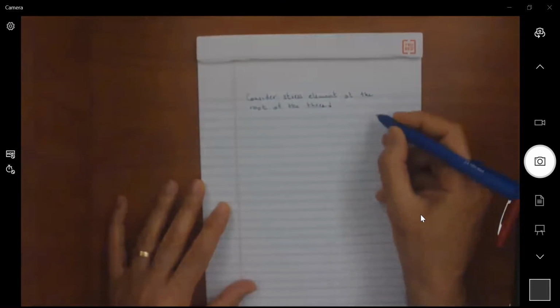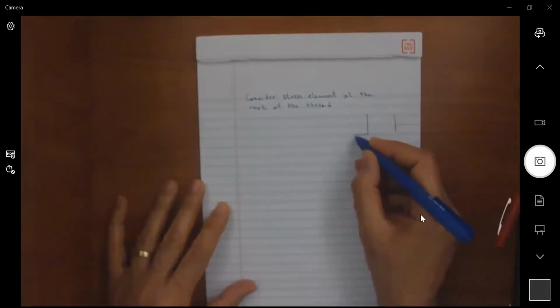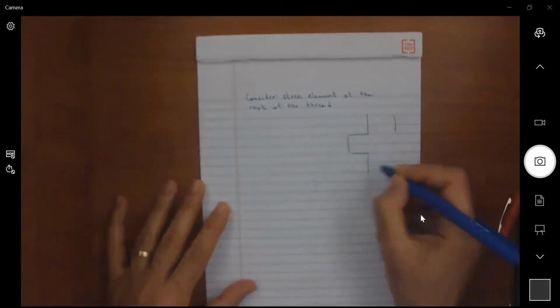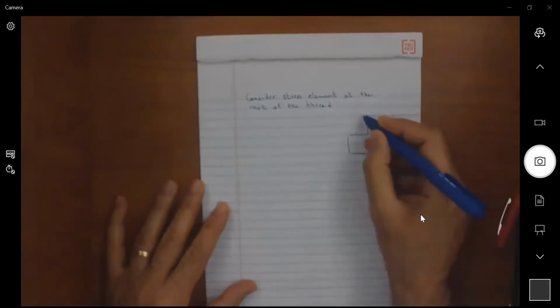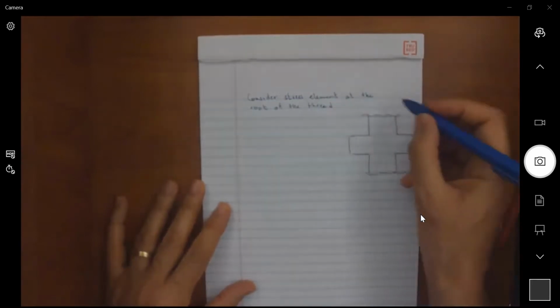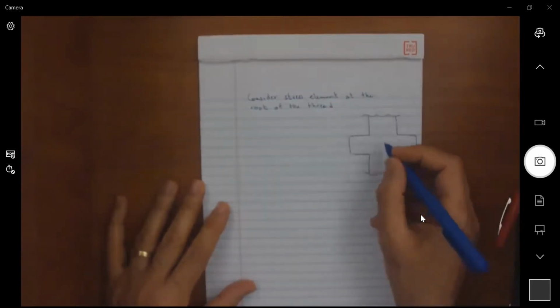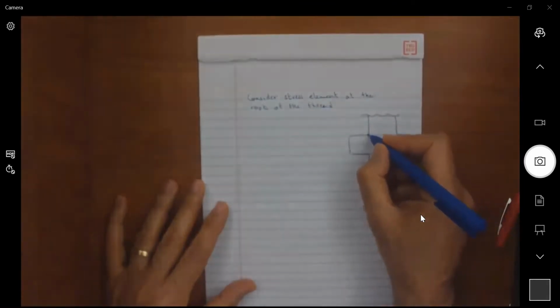But if I'm looking at my diagram here, I'll be looking at this point.